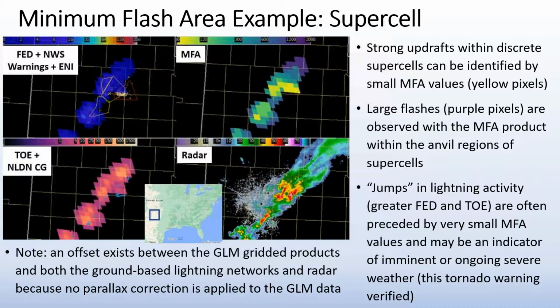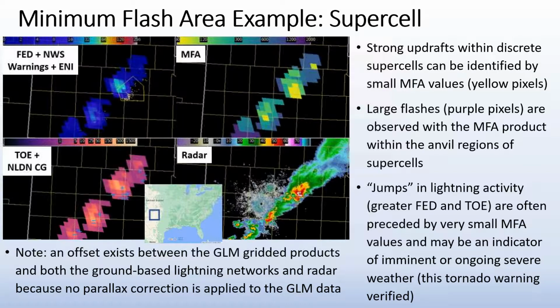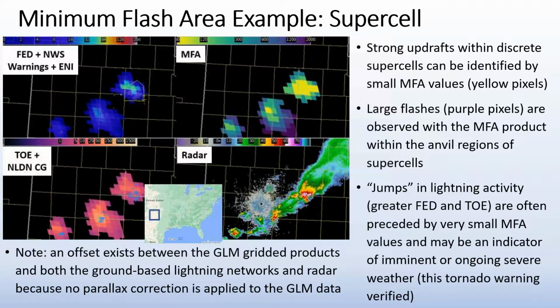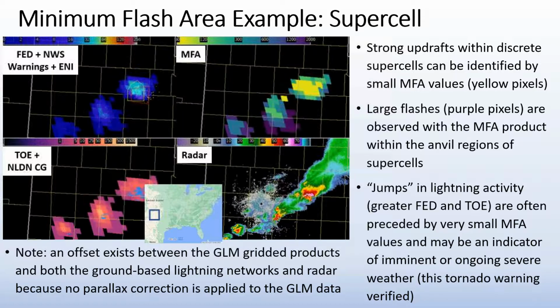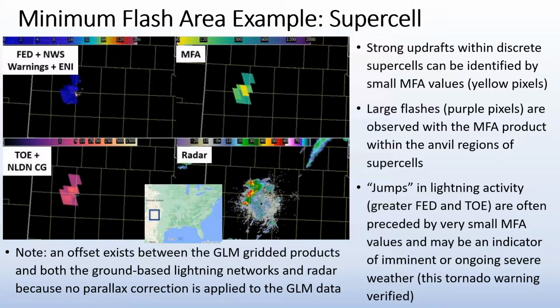Those jumps in lightning activity can often be preceded by very small MFA values. So the MFA can give you an indication that, as the flash sizes get smaller, we may see an increase in lightning activity, and that in and of itself may be an indicator of imminent or ongoing severe weather.